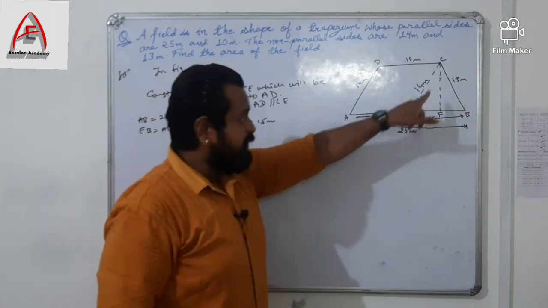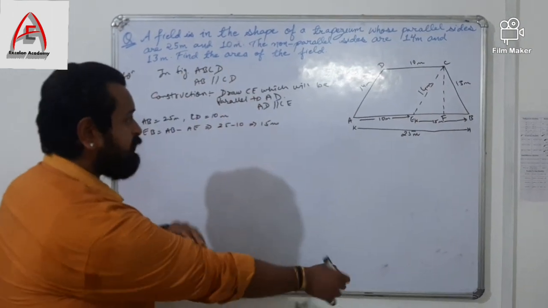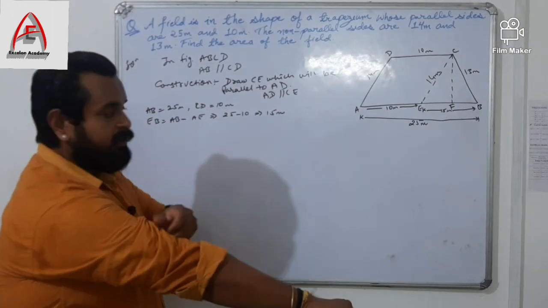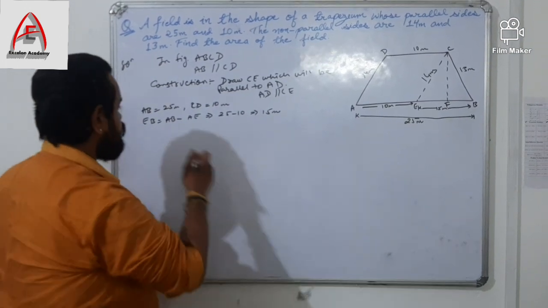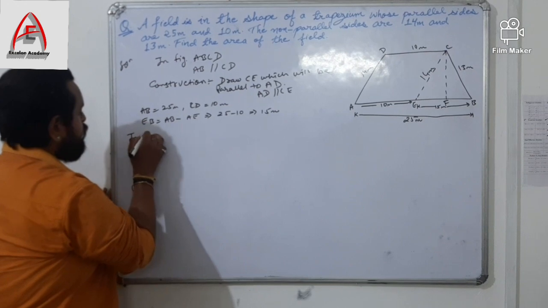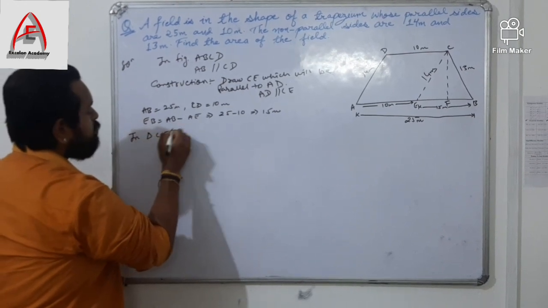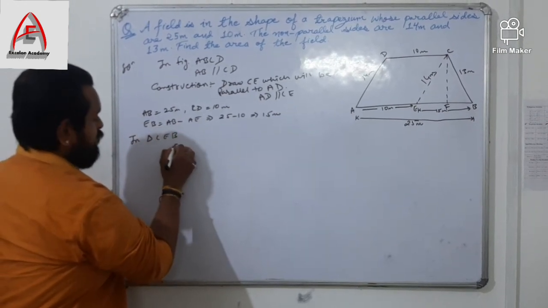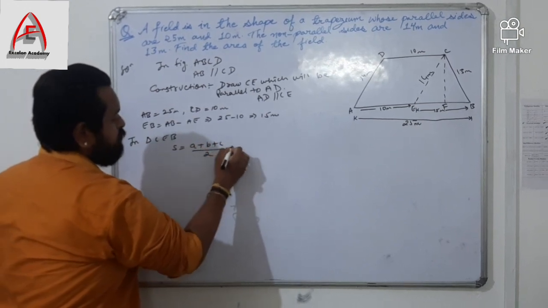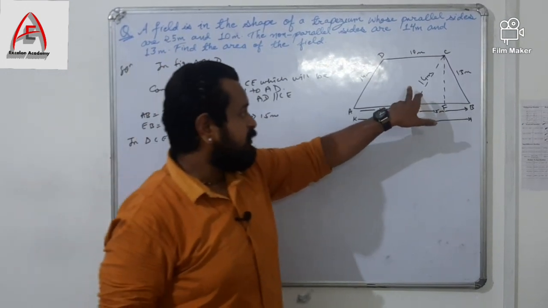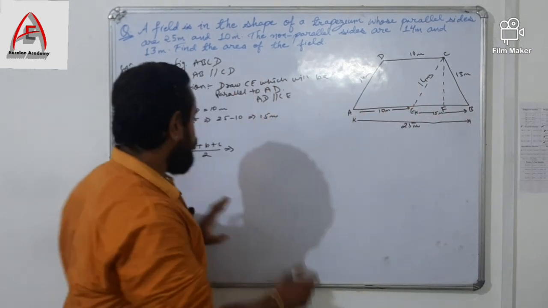First of all we have to find the height, and for finding the height we need the area of triangle BEC. So in triangle CEB, S is equal to (a plus b plus c) by 2. The sides of the triangle are 13, 14 and 15.